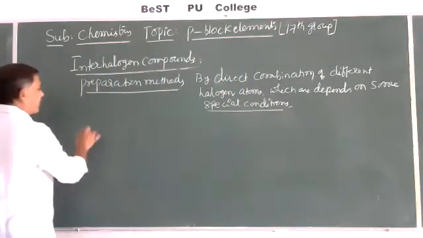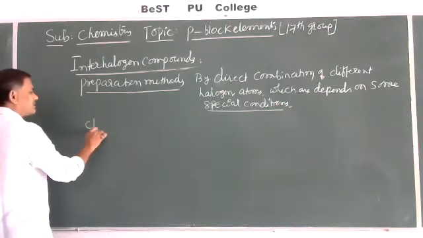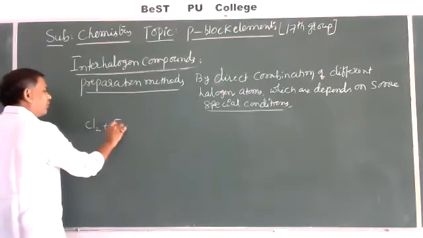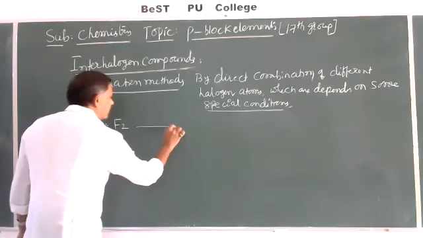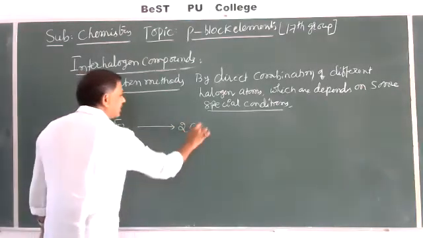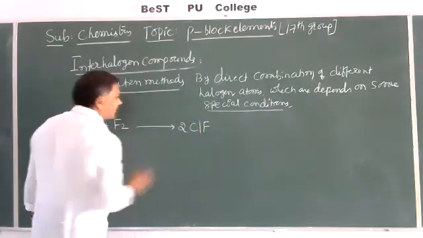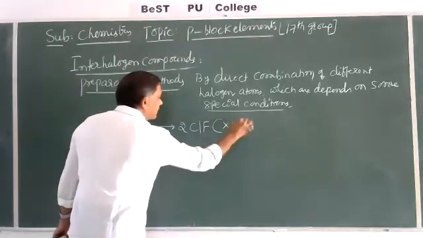For example, here chlorine is reacted with fluorine. Now, fluorine directly reacts with chlorine, it gives 2ClF. Like this is XX' model.